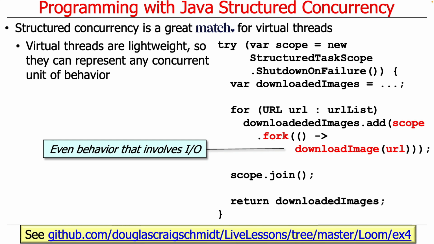We'll talk more about this example later, but at a quick high level, here's an example where we use structured concurrency to download a bunch of images from remote web servers. There could be dozens or hundreds of these images, and we download each one in its own virtual thread, which works perfectly well with the Java virtual threading mechanism. There's no additional overhead there, which simplifies quite a bit.